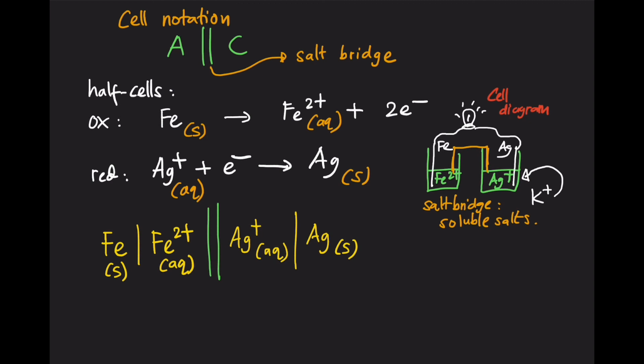And the negative one, the Cl-, will flow from this salt bridge into this solution, because this solution now has too many positive charges as it keeps making Fe2+. So that's how the salt bridge balances the reactions.